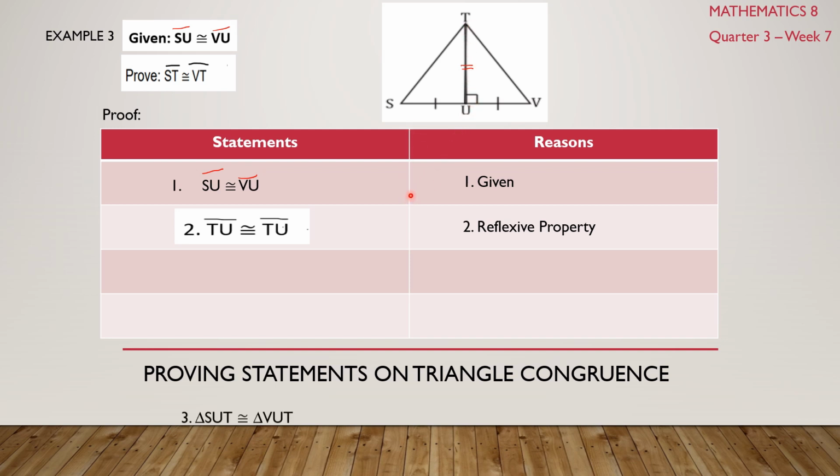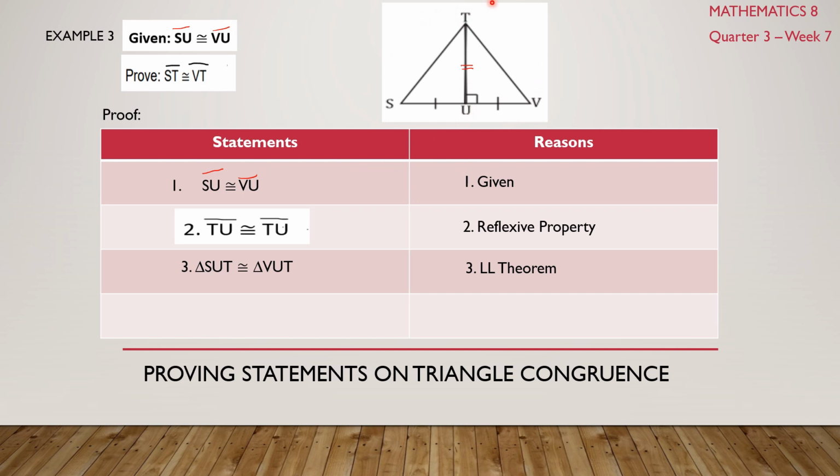So our next statement will be triangle SUT is congruent to triangle VUT. What will be our reason? Since they are right triangles, we take it from there. So our reason is leg-leg theorem, or LL theorem. If the two legs of one right triangle are congruent to the corresponding two legs of another right triangle, then the two right triangles are congruent.